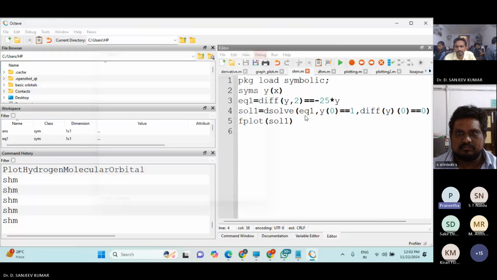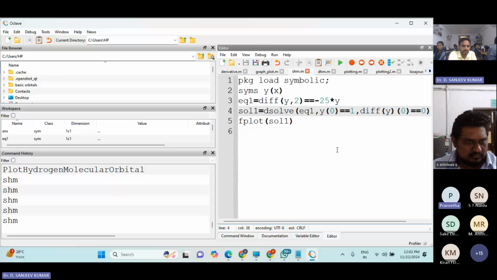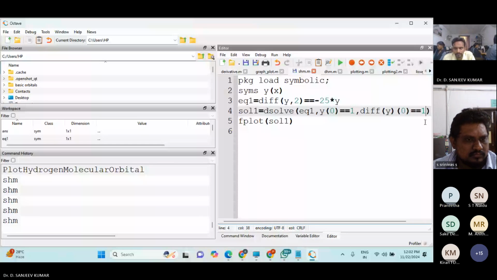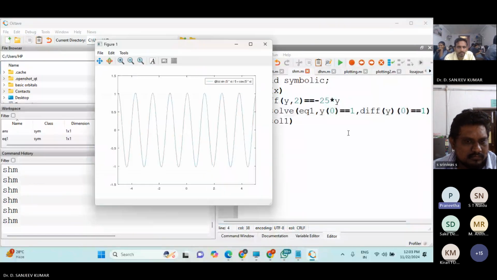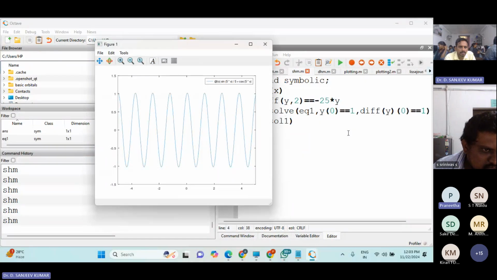So let's try to see what happens if the velocity is not 0 even at the extreme point. You will get an error. No, we are not getting an error. So we get a cosine wave. So at initial time, when t is equal to 0, it is starting from 1.